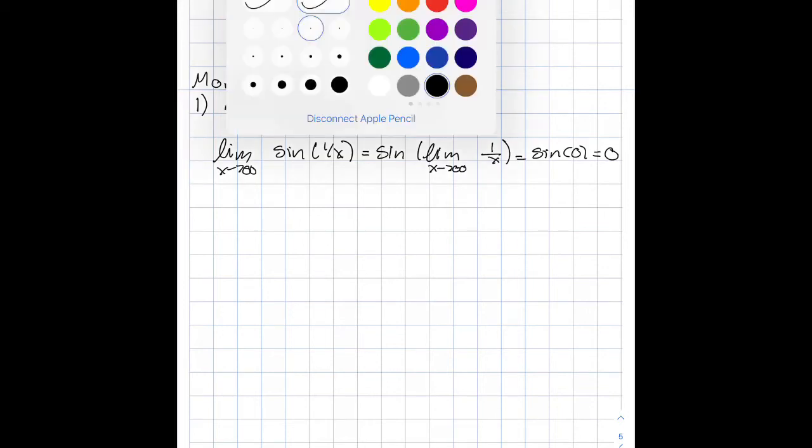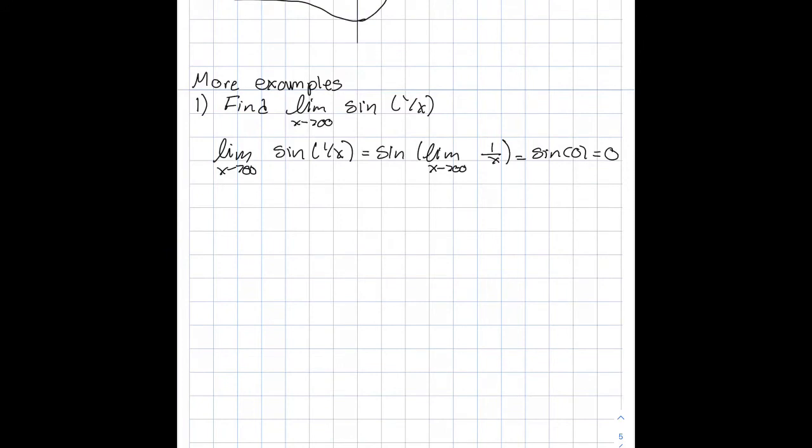But there's another, more useful way, even though in this case it kind of seems like duh, but in later examples you'll see why. So let's call theta 1 over x. As x goes to infinity, theta goes where?